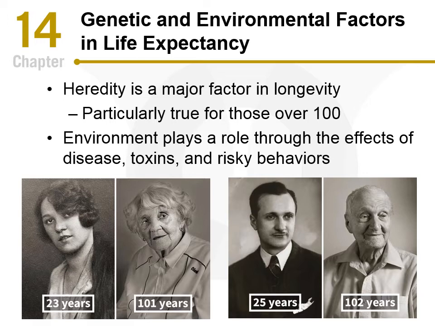And yet, they don't have the disease risk factors or risky behaviors, they're actually very healthy as far as women are concerned. But in this case, it's toxins because of the radioactive fallout from the nuclear testing that was done. There are huge clusters of breast cancer in Utah. So we have to also understand there are going to be some things in the environment that could affect longevity, but most of it actually is going to be heredity.